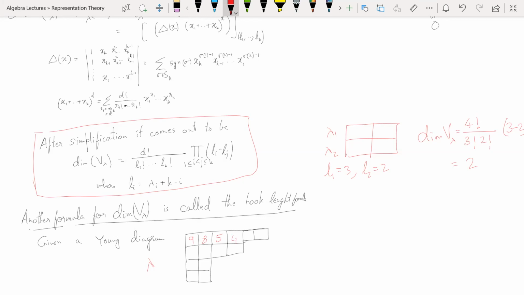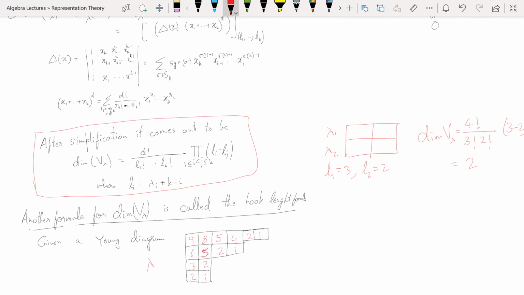This is 4, this is 2, this is 1, this is also 1, this is 2. You know what I'm doing? So 3 plus 2, 5, this is 2, this is 1, this is 2, this is 3, and this is 6. Okay, so these are the numbers.